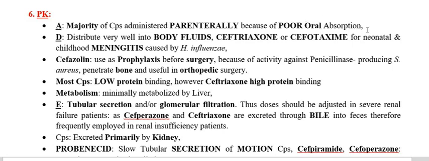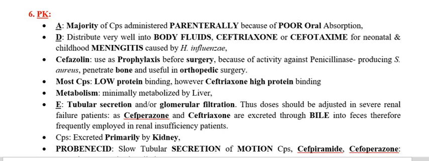So when the drug has poor oral absorption, why should we administer it through the oral route? The drugs belonging to cephalosporin are in the majority of cases administered parenterally because their oral bioavailability is poor. This is a very important point.